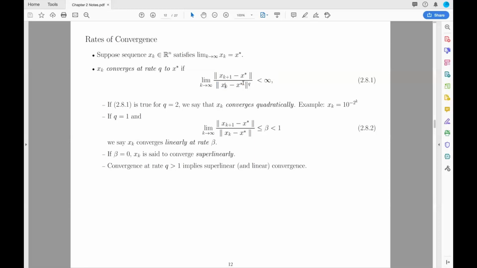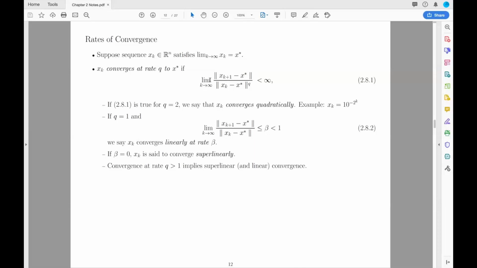So this is the error of the last iterate, and this is the error of the next iterate. By the way, this is a limit.